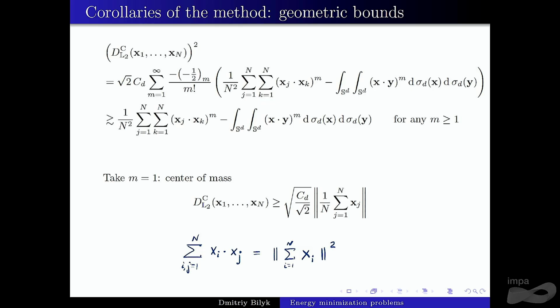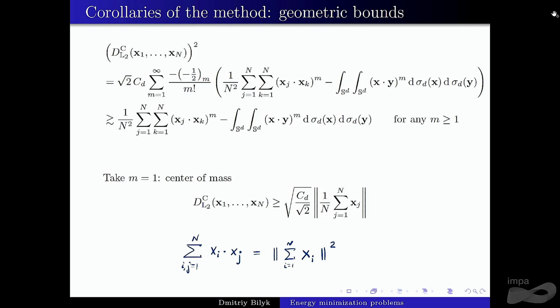Yeah, so let's go back to the method. It turns out that since this method is so simple, it gives you lots of new results and also generalizations. So in terms of new results, you can look at this expansion, and since all the terms are positive, we can just throw away whatever we want and leave just one term, and we can estimate the discrepancy by just one term with any given m.